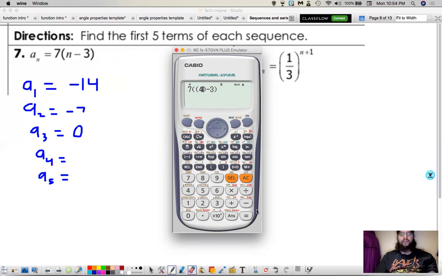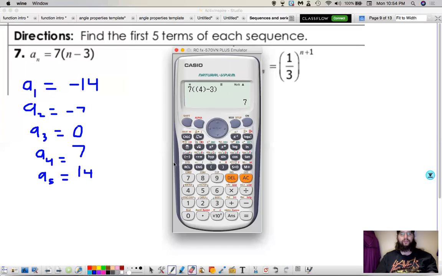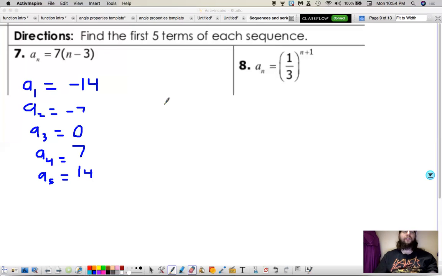So that's 7 and 14. Okay, so if we look at this rule, it's just multiples of 7, right? So it starts at negative 14 and just multiples of 7.